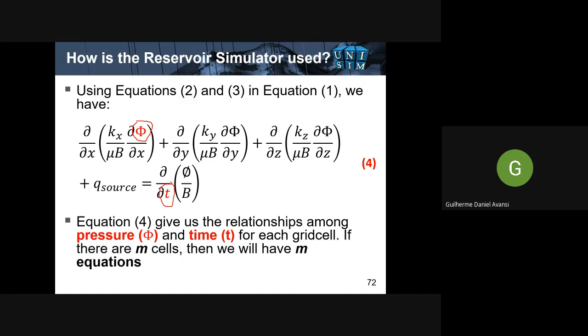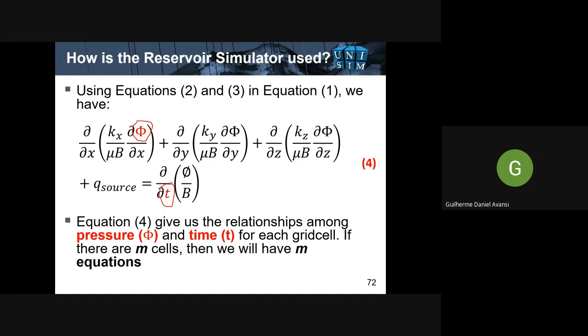Just remember, here is just one equation for one grid cell, right? So imagine now m cells, so we have m equations. So when we're talking about a simulation grid, for example, with 100,000 grid cells, we're talking about 100,000 equations to solve.